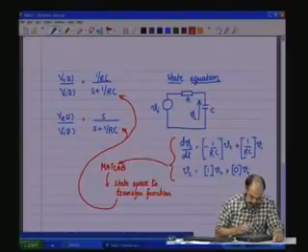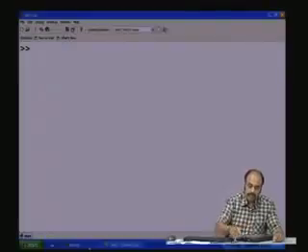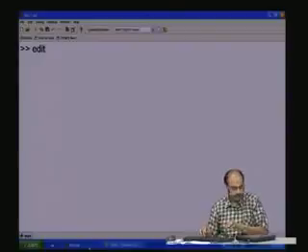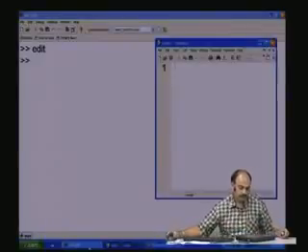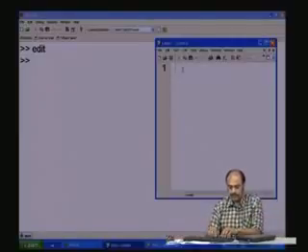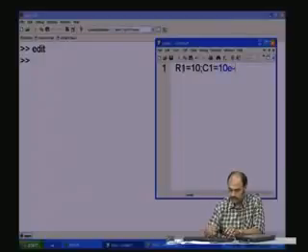So, first we go into the MATLAB domain. In the MATLAB domain, let us open an edit window. So, we have the edit window here. Let us first give the parameters. There are two parameters. Let us say R1 equals, let us say 10 ohms for now, C1 equals 10e minus 6 or 10 microfarads.